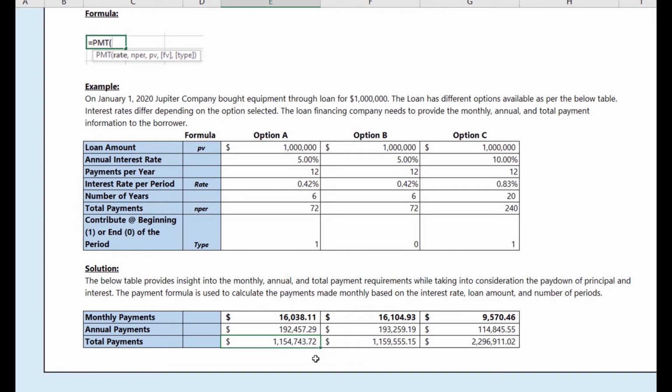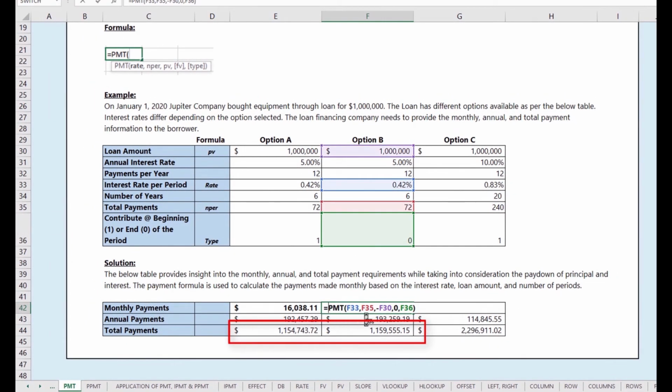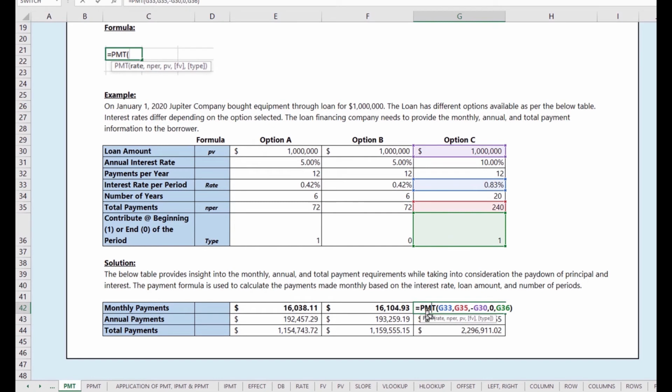Because the monthly payment amounts differ, it'll affect the timing of interest, and the total payments over the course of the loan differ as well, as you can see in cells F44 versus E44. Finally, we calculate the payments for option C, and we do that in cell G42.